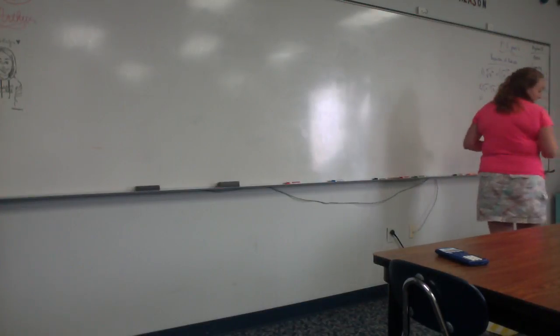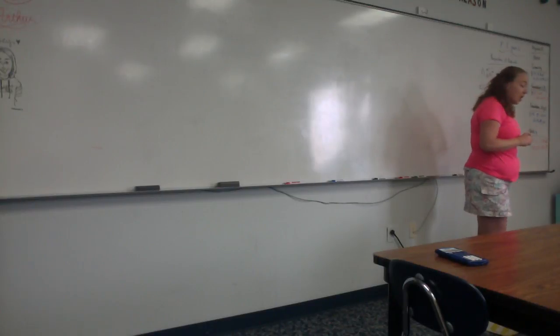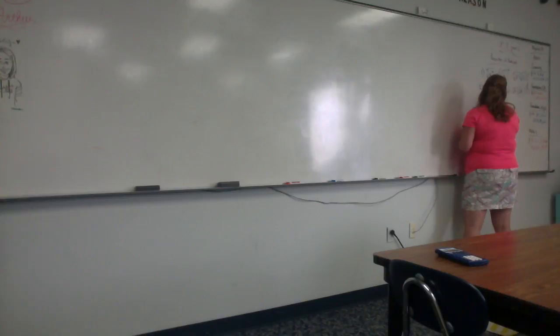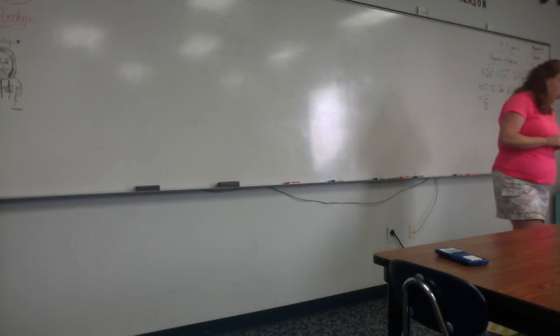The third property is this. What happens if I'm taking the nth root of a over the nth root of b? How would I rewrite that?